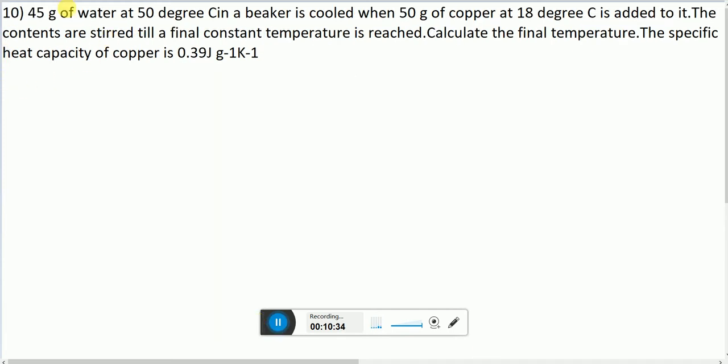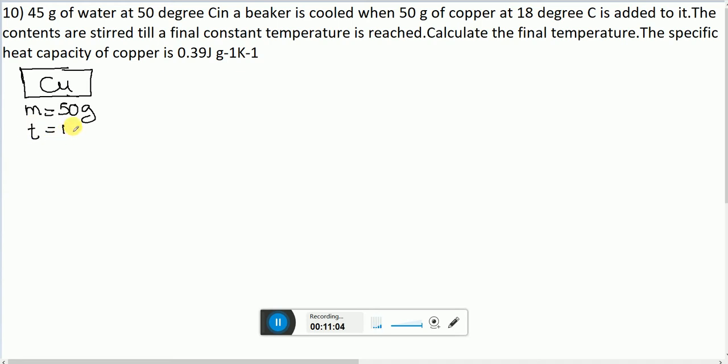Moving to the next problem. Here, 45 gram of water at 50 degrees centigrade in a beaker is cooled when 50 gram of copper at 18 degrees centigrade is added. So, let's assume this is a piece of copper whose mass is 50 grams.